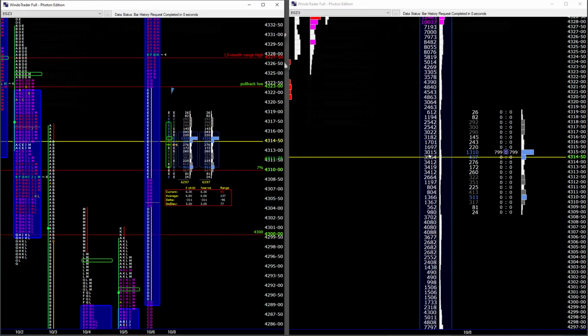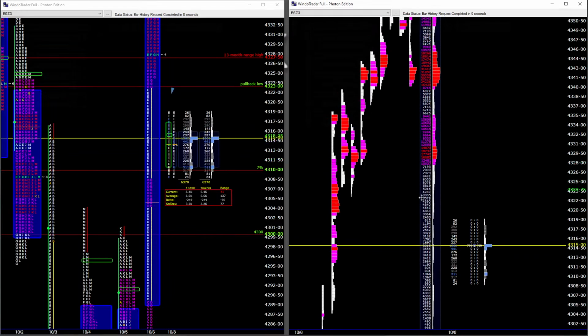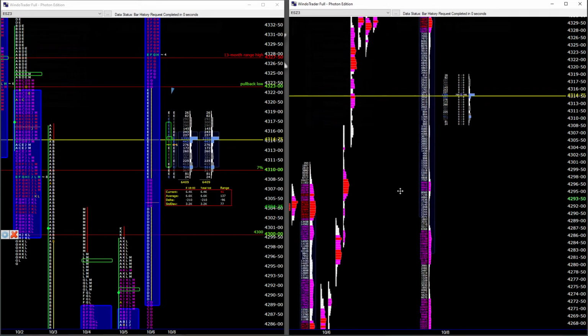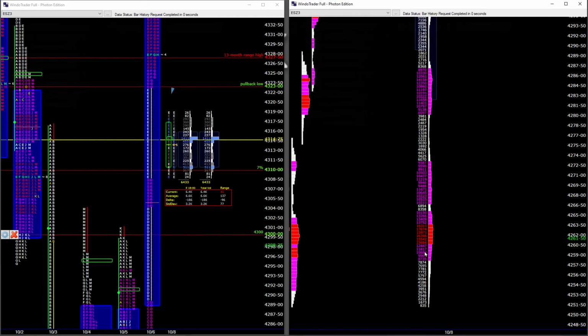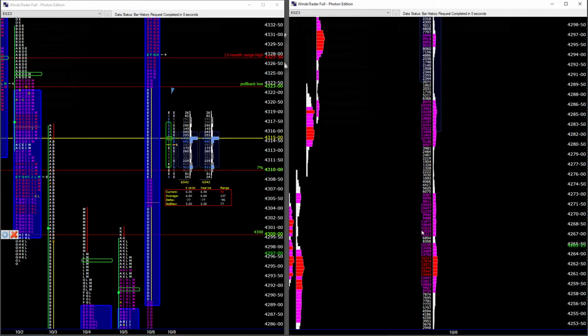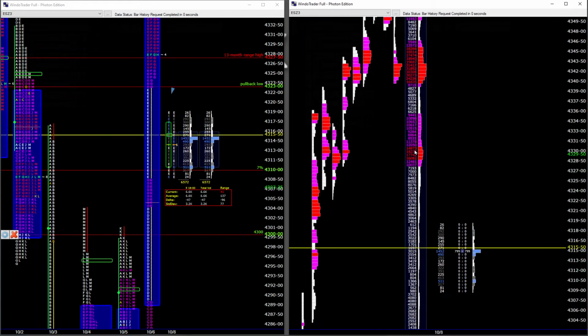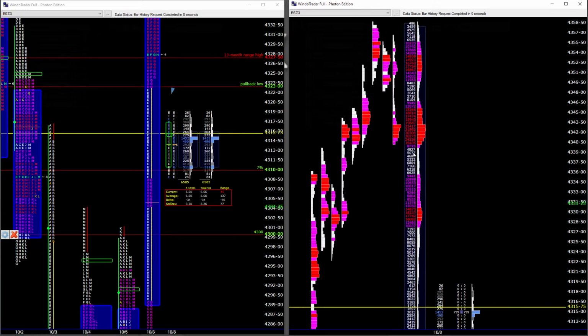These numbers here are the amount of contracts traded in this day. Notice how we have huge, big volume down here, 15, 16, 17. Medium volume was 10s, 15s, 18s, and 30, a really big one up here.